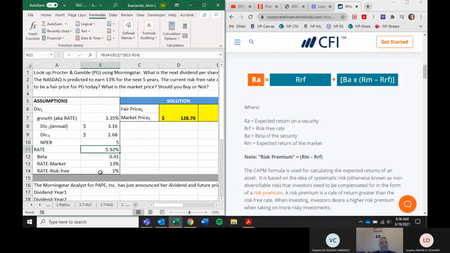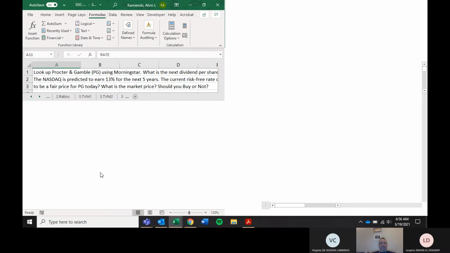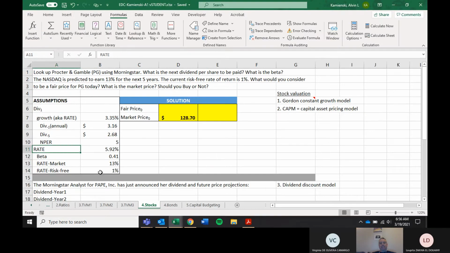And what this suggests is that while the overall market might be expected to earn 13%, because Procter & Gamble is a less risky company making consumer staple items, I would expect them to yield me only 5.92%.